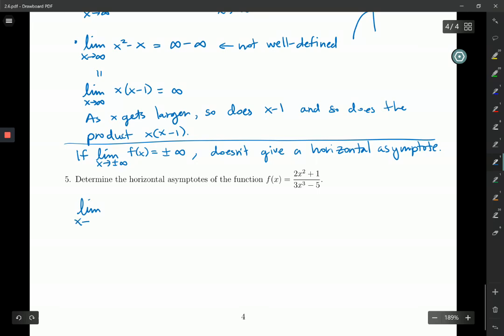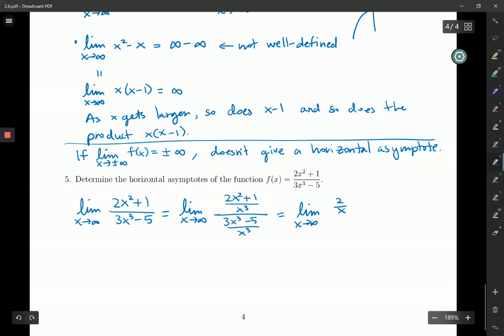So we just compute this here, and we use that strategy we talked about before. The highest power in the denominator is x cubed, so I'm going to divide the top and bottom by that. And we get 2x squared plus 1 over x cubed, and then 3x cubed minus 5 over x cubed. I'm going to simplify this a bit faster than I did in the previous examples.